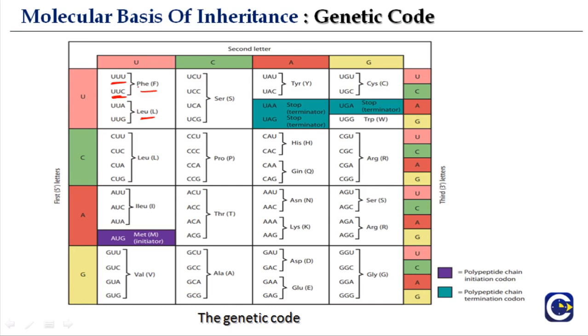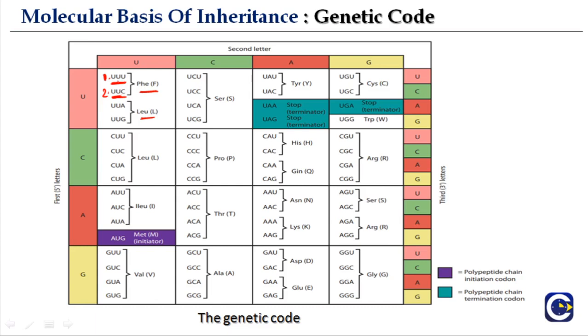So 2 codons can code for phenylalanine, but one codon will always code for one amino acid. We will see this in written form very soon, but you can understand it here. So phenylalanine is coded by 2 different codons: the first is UUU, the second is UUC.